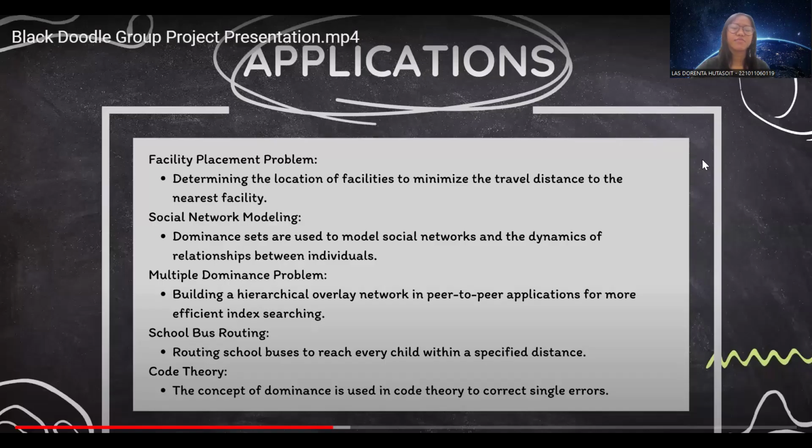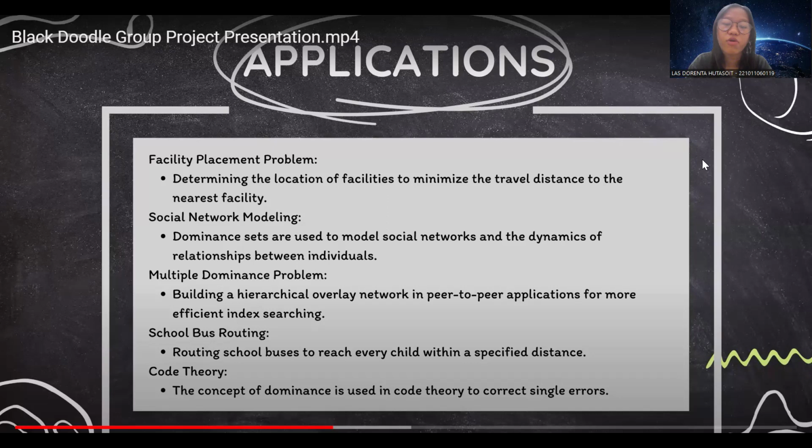Applications. Domination in graphs has applications to several fields. Domination arises in the facility location problem, where the number of facilities is fixed and one attempts to minimize the distance that a person needs to travel to get to the closest facility.